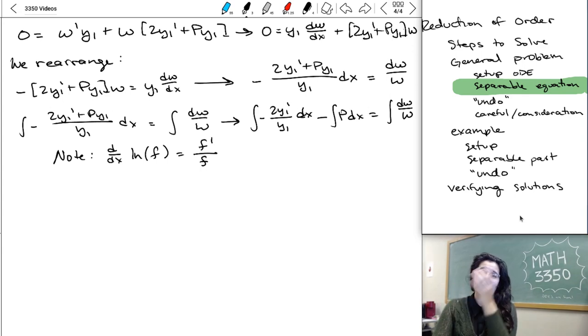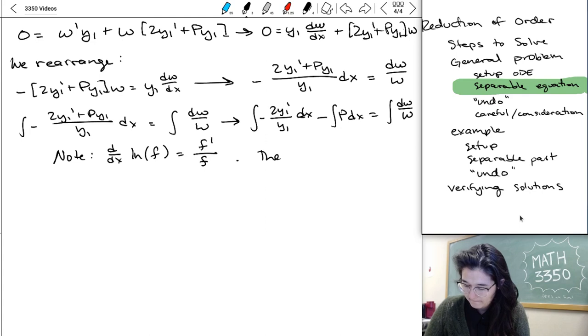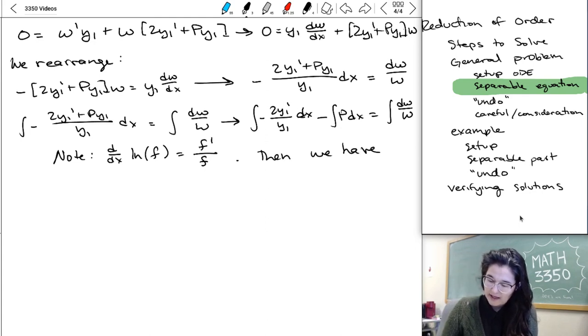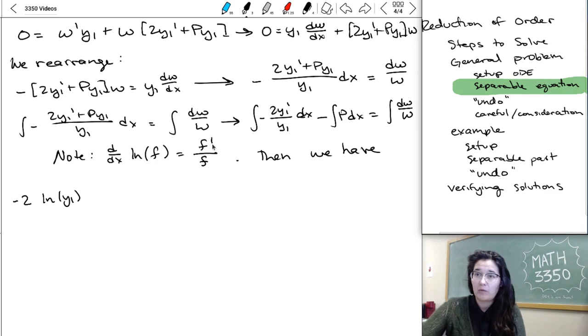So I can take this antiderivative and know it's just natural log of the function, or in this case, y1. Then after we integrate, that first integral, y1 prime over y1, becomes just natural log y1.